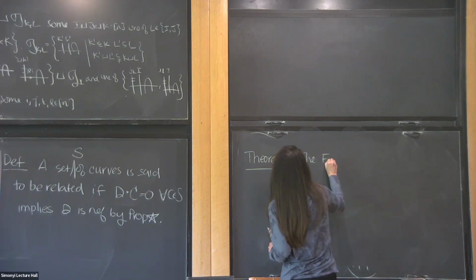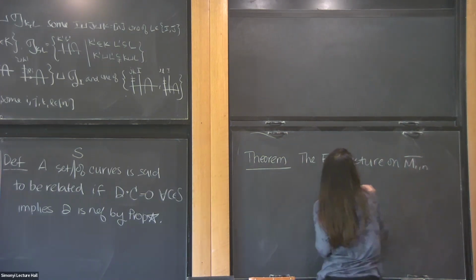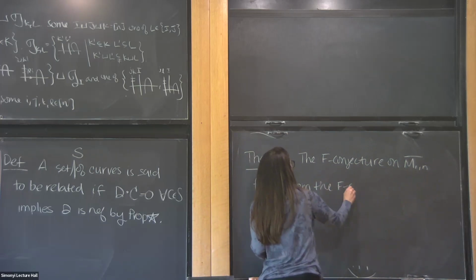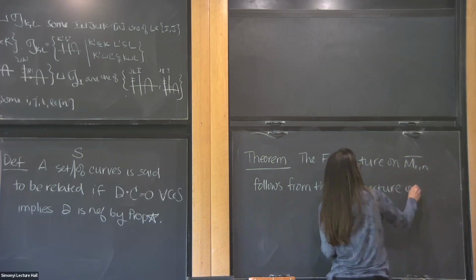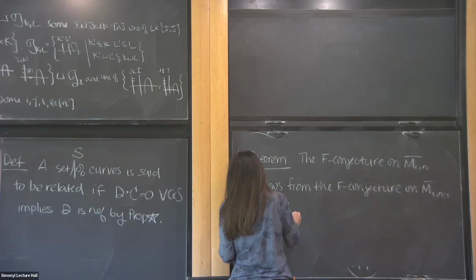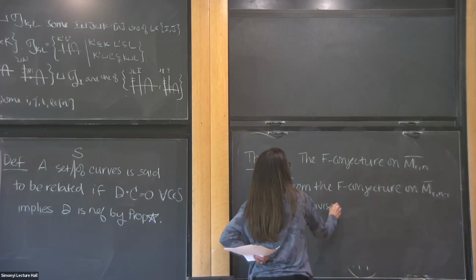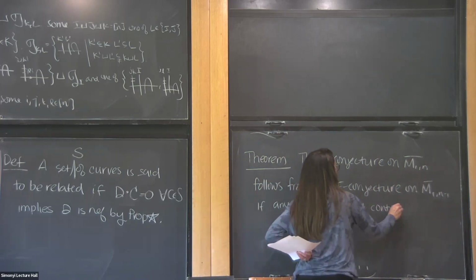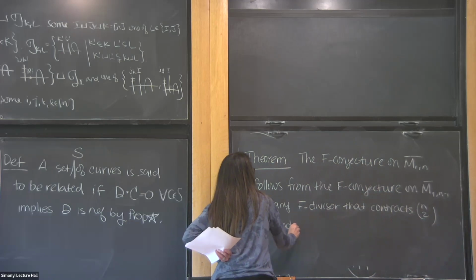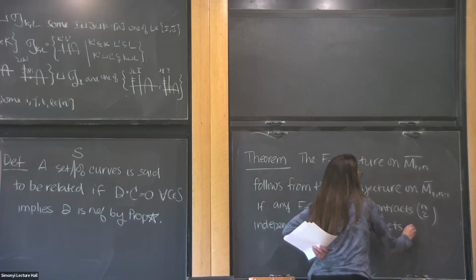The F-conjecture on M1N follows from the F-conjecture on M1 N minus 1 if any F divisor that contracts N choose 2 independent, unrelated triplets is nef.